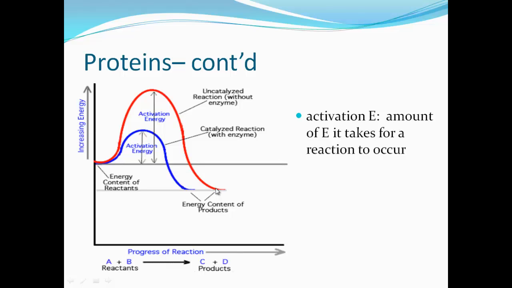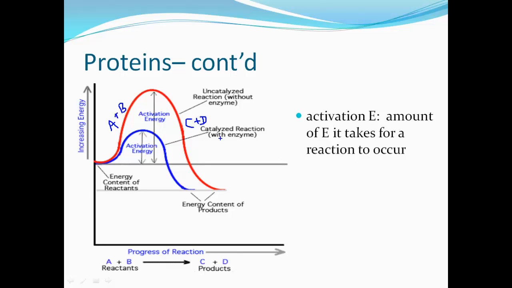If we're talking about our acid plus base and salt plus water, then we'd have all acid and base over here. Over here we'd have a mixture of acid, base, salt, and water. More salt and water, and then down here we have all salt and water. So over here we have reactants, and over here we have products.